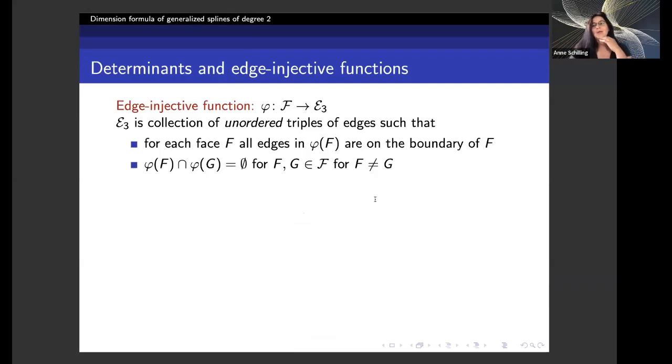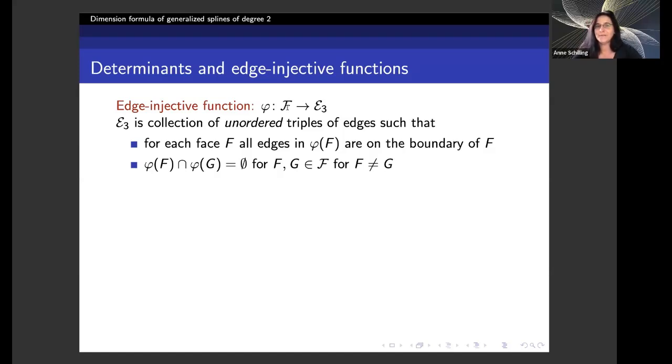Okay, so one thing that we did first was write down a nice combinatorial formula for the determinant of this matrix M_X. And it turns out that you can view this combinatorially as something happening on the graph. So I'm now going to define what is called an edge-injective function.